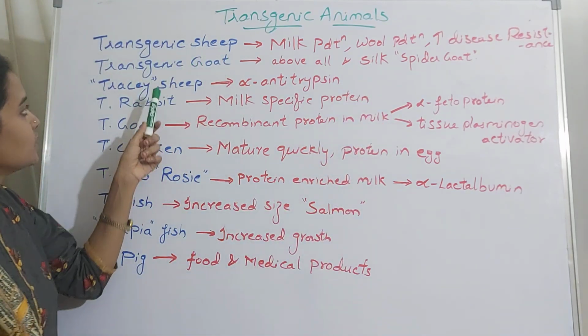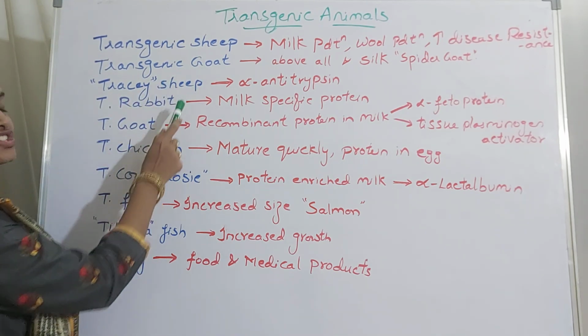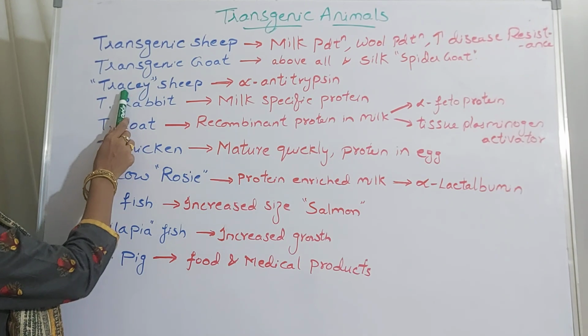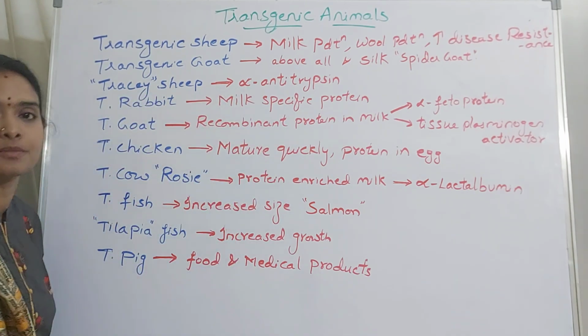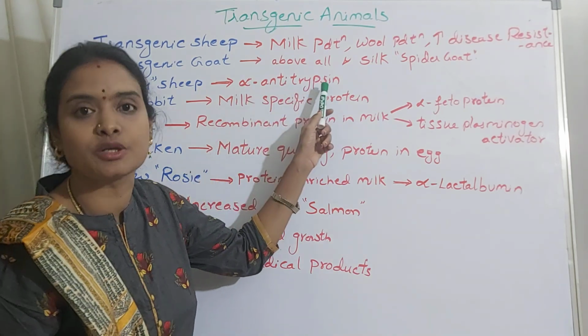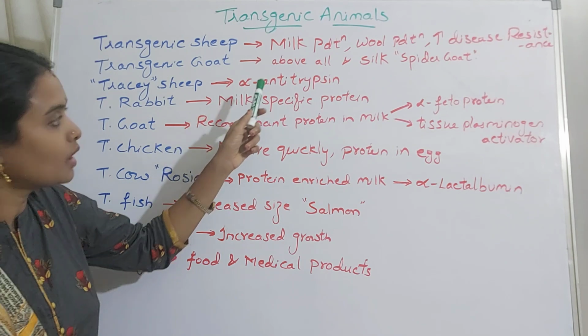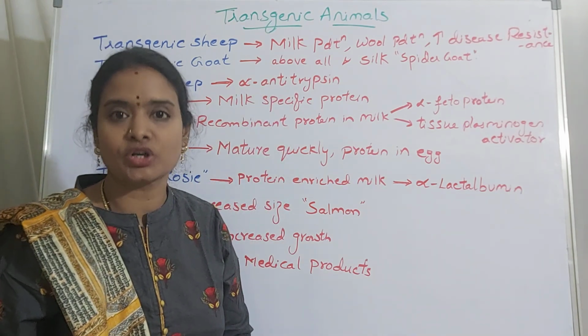Next coming to another transgenic animal, Tracy. The transgenic sheep was named Tracy, which was able to produce alpha antitrypsin in its milk. What is the use of alpha antitrypsin in our body? In our body, it helps in liver and lung protection. Right?